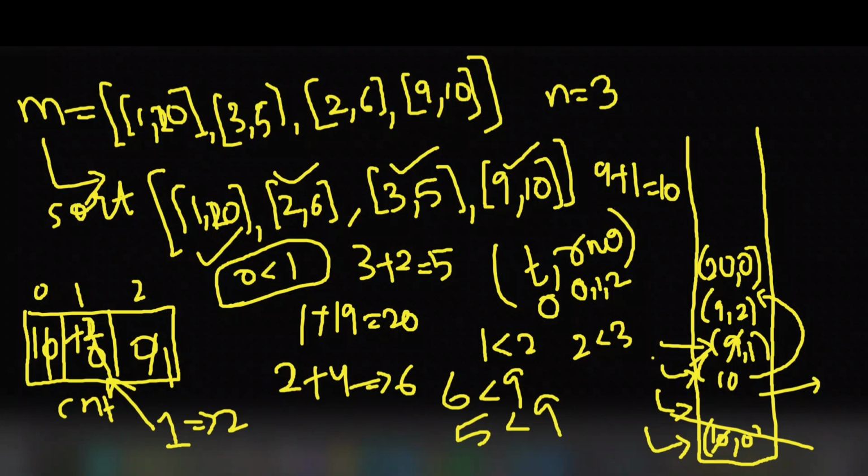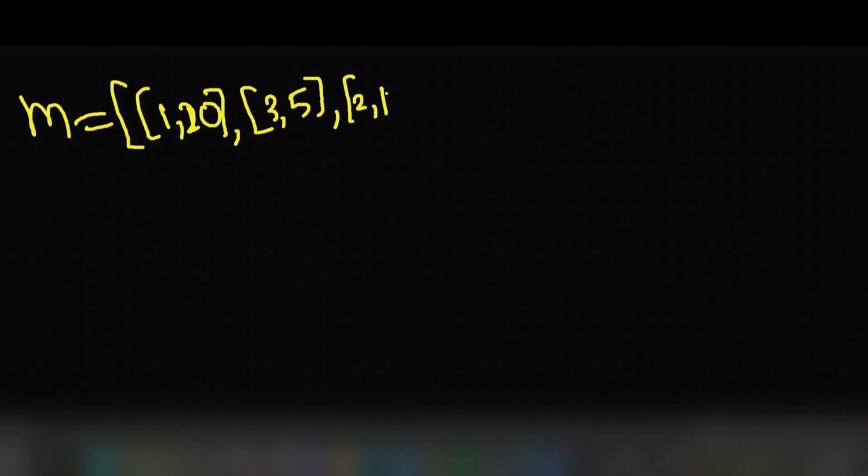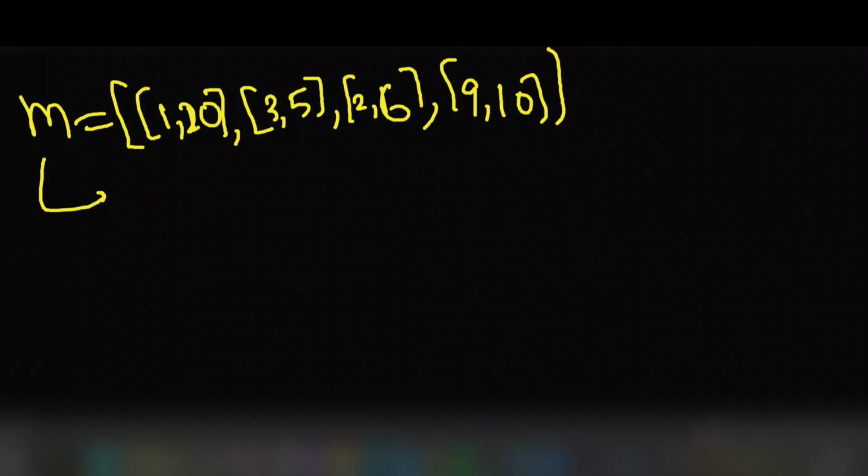So we need to think of another approach, like can we optimize this approach using two heaps or two priority queues? Let's see if we can do that. Let's take the same example as m equals to, first sort it.